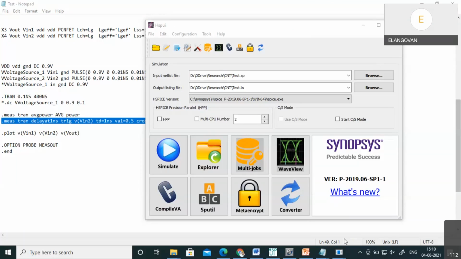I can say that when pin ordering is effective, we have to keep the low threshold voltage device near the VDD, and the high threshold voltage device away from the VDD. Like that, I have studied. That is the only logic I know.